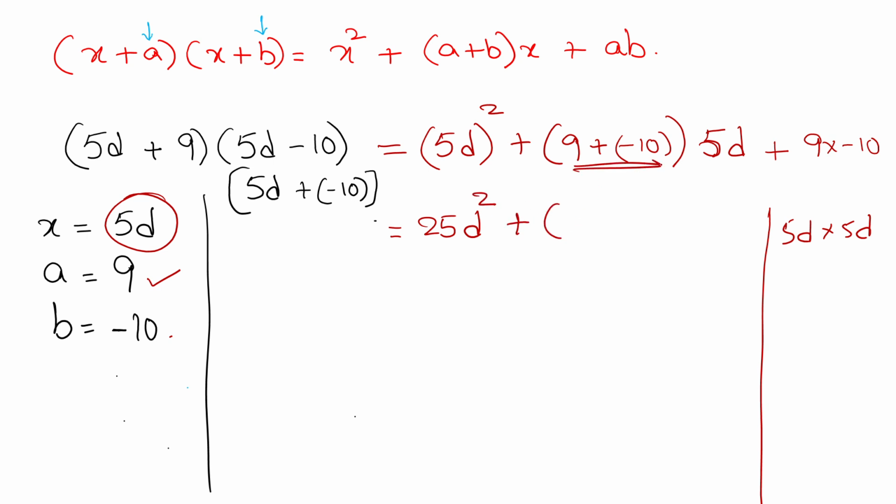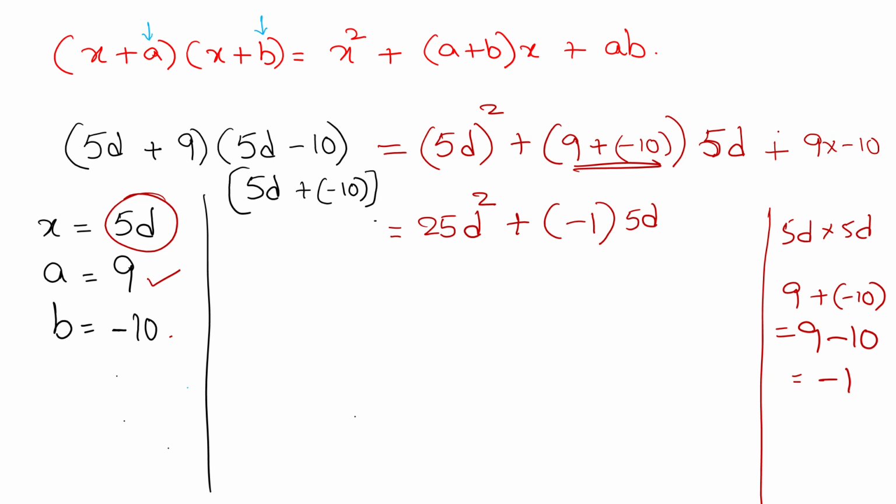Now whenever we simplify we have to use BODMAS, right? So BODMAS, brackets. Before doing multiplication, let us simplify the brackets. 9 plus of minus 10. Let us do it in rough. What is 9 plus of minus 10? 9 plus of minus is minus, so 9 minus 10 is equal to minus 1.